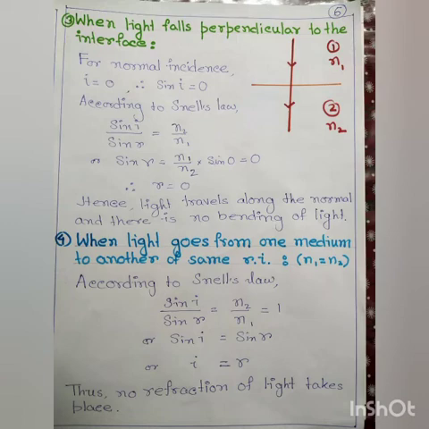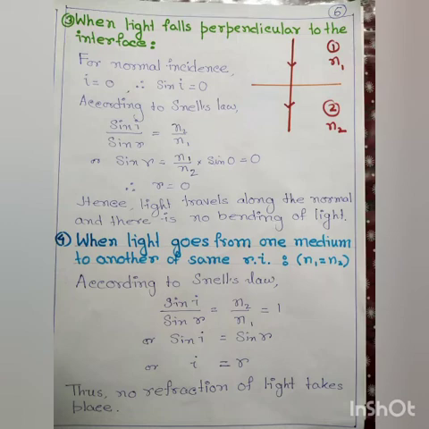This means if incident angle i is 0, r is also 0. If light travels along the normal, there is no bending of light. Light will not change its path, it will travel along its own direction.